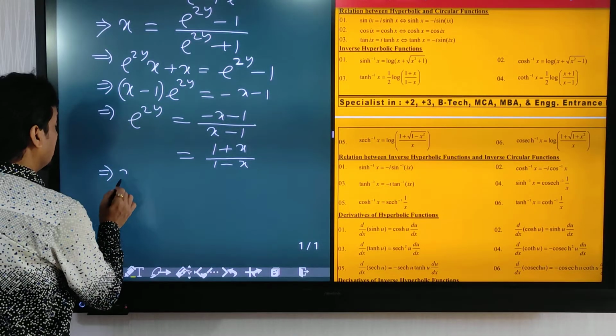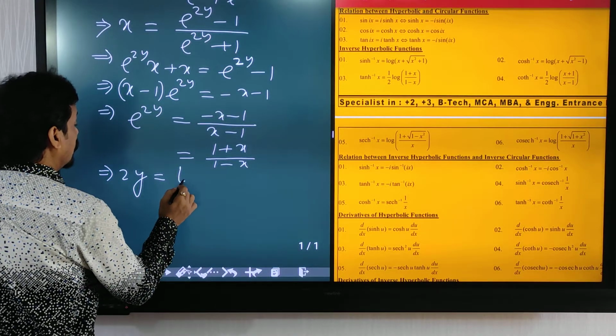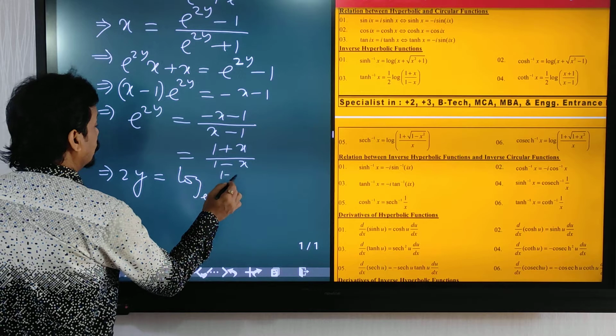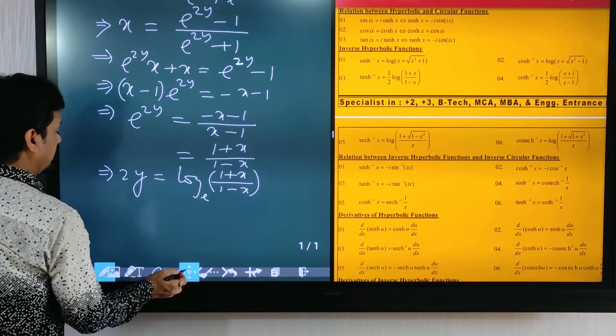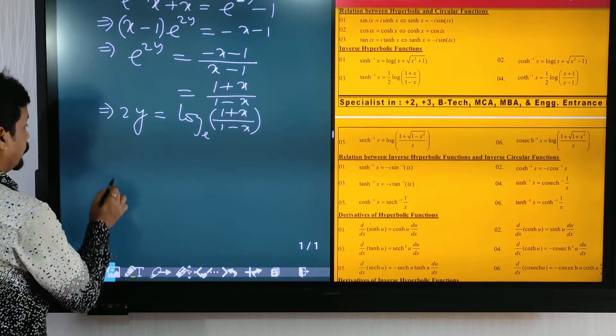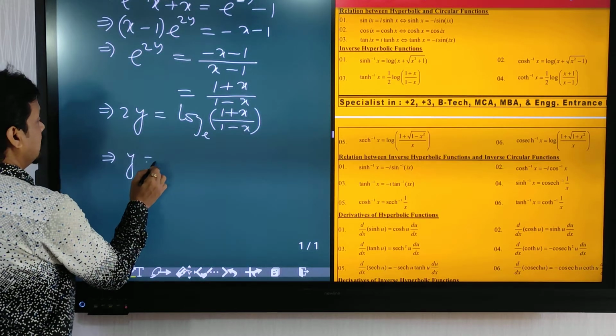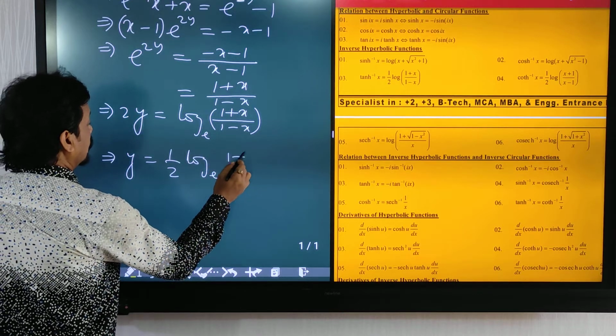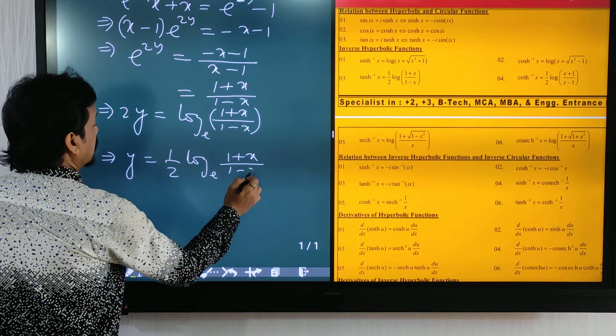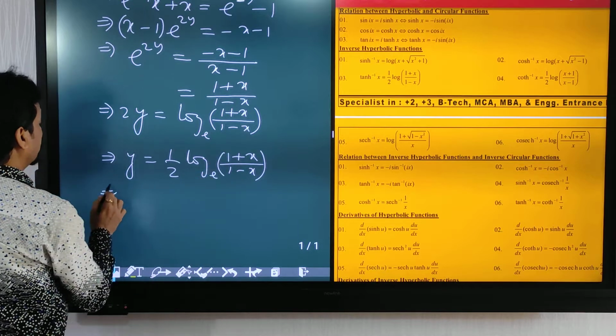So 2y is equal to how much? Log base e of 1 plus x by 1 minus x. And what will be the value of y? y is equal to half of log base e of 1 plus x by 1 minus x. And what is y?